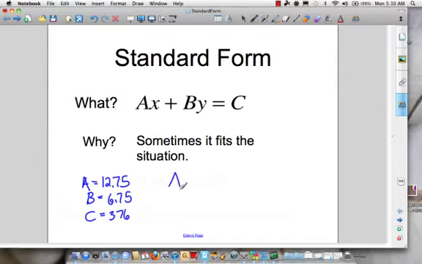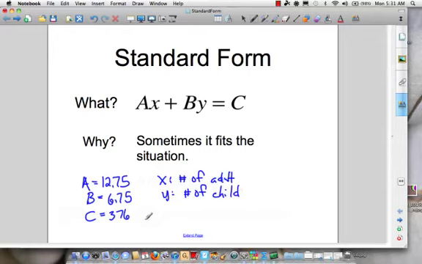Let me say a little more. X will be the number of adult tickets sold, and y is going to be the number of child tickets sold.